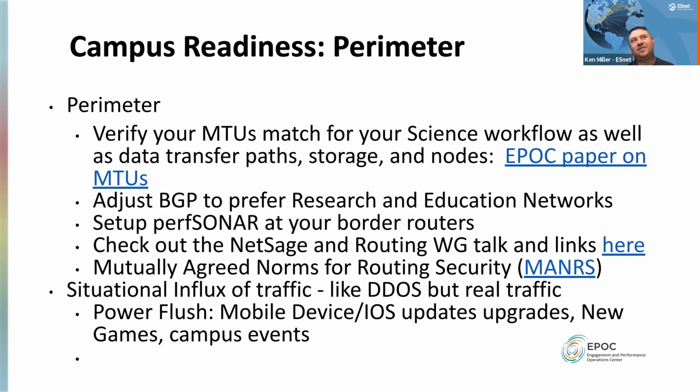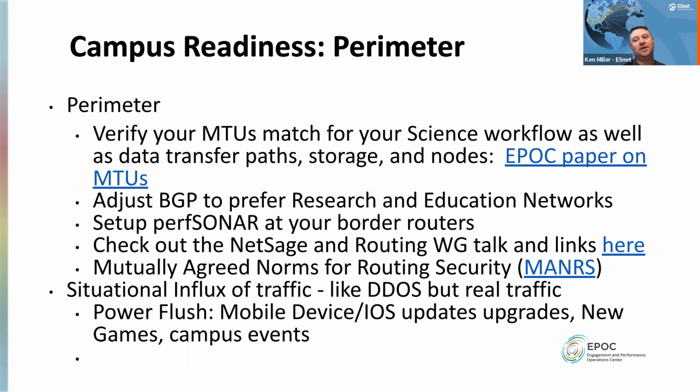The second thing is to adjust your BGP to prefer the R&E networks. We'll see at different times asymmetric routing, where traffic goes out over R&E but comes in over commodity. There's a link here in a little bit to the routing working group to assist with some of the BGP policies.